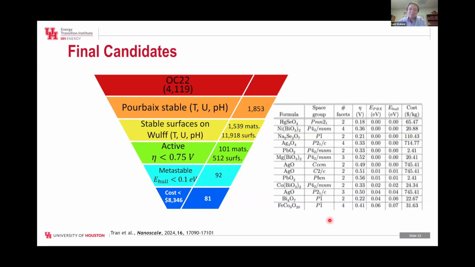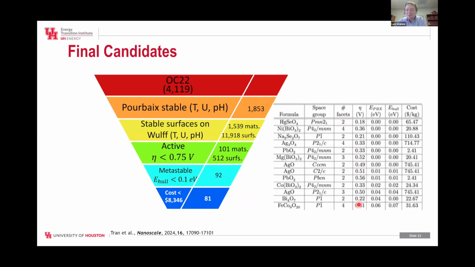cutoff value. And we came up with a final list of candidates, and there are 81 that passed our screening. The formulas of these materials are shown here. We report the number of facets. Sometimes a material exposes just one facet that's active, but we would like the material to be active on multiple facets: 2, 3, 4. The more facets are active, the more of the surface area of the particles will actually contribute to the chemistry.